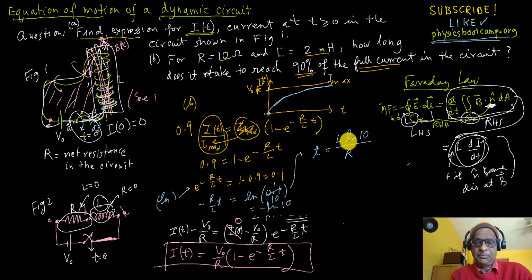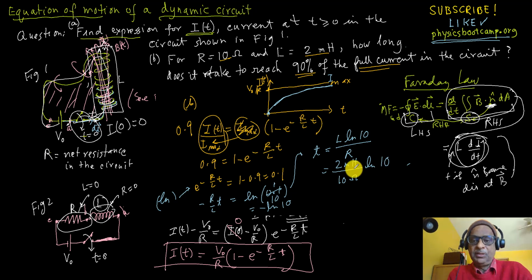Okay, so putting in the L and R. L is in millihenry and R is in ohm. So 2 millihenry, and we have 10 ohm, log 10.